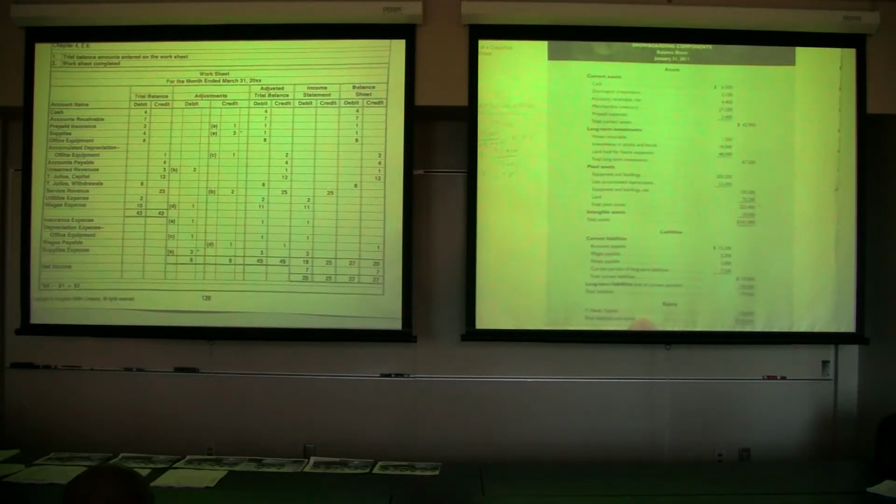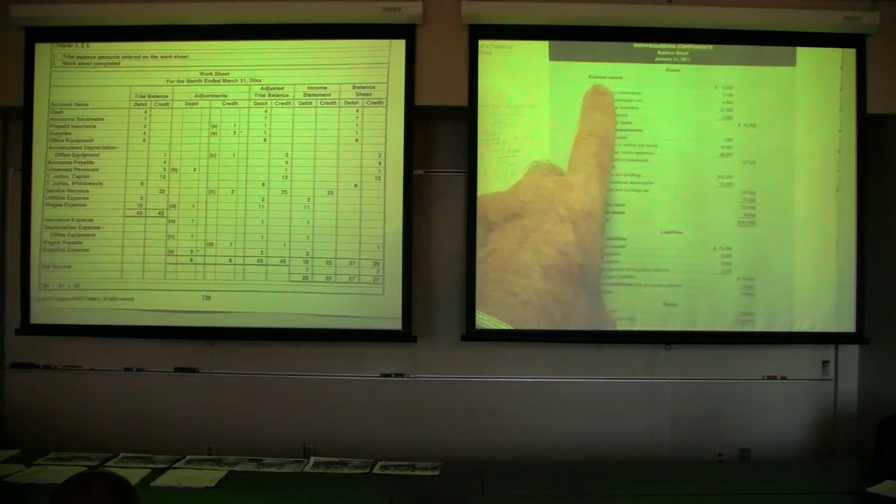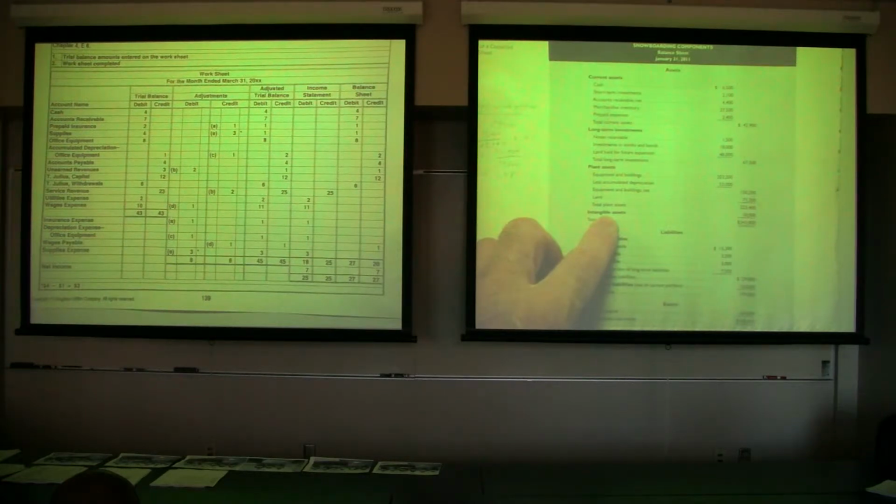But what's different now is the assets are broken into categories, and so are the liabilities. Assets are broken into current assets, long-term investments, plant assets, and intangible assets. Liabilities are broken into current liabilities and long-term liabilities, and equity stays the same in this case; it just comes from the statement of owner's equity.